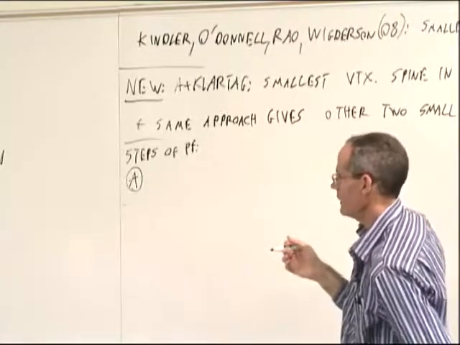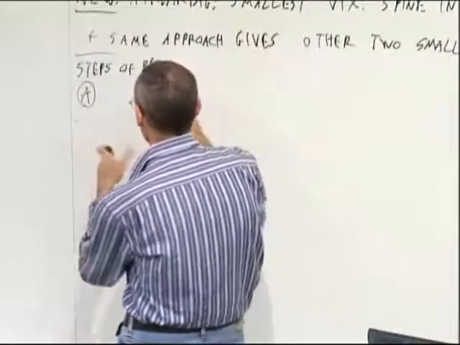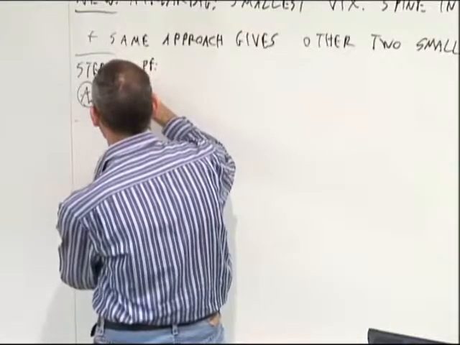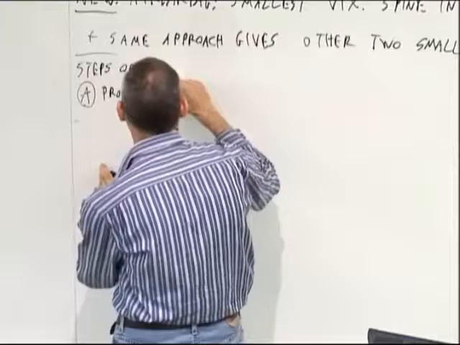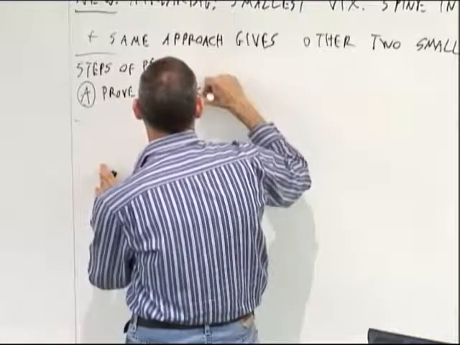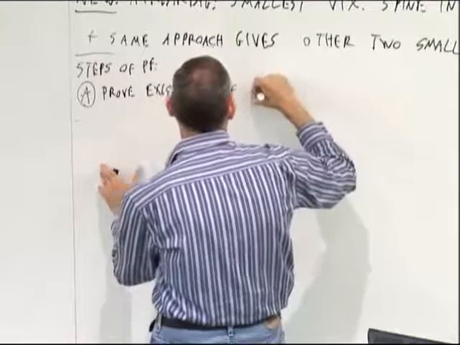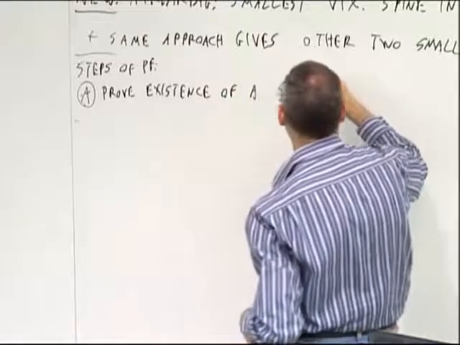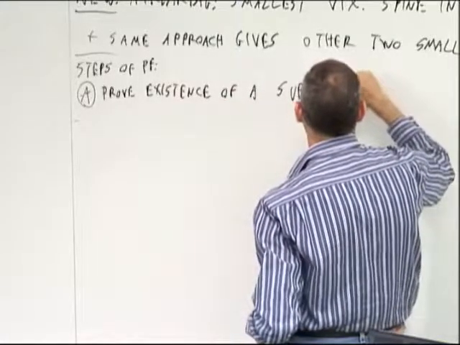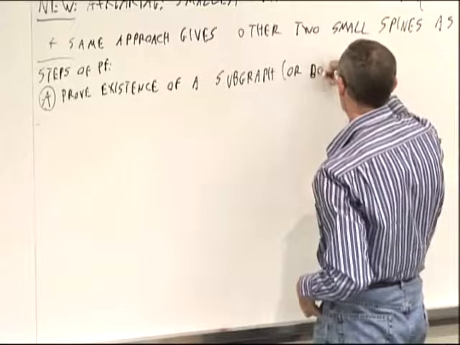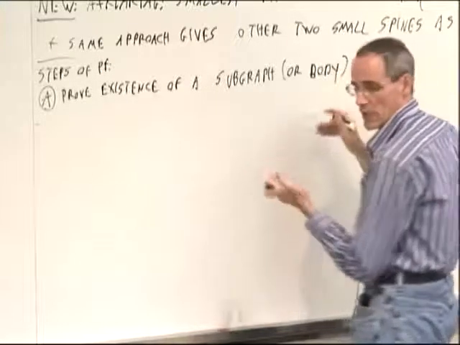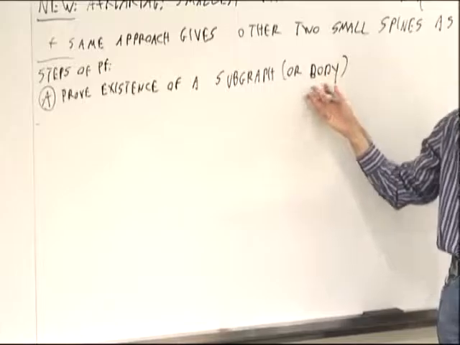So step A will be to find or prove existence of a subgraph or body. So it depends if we are in the discrete case or in the continuous case.